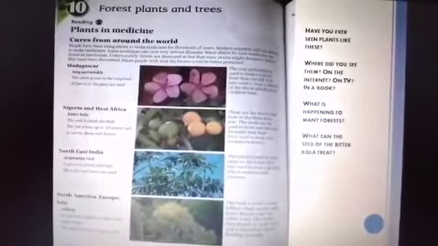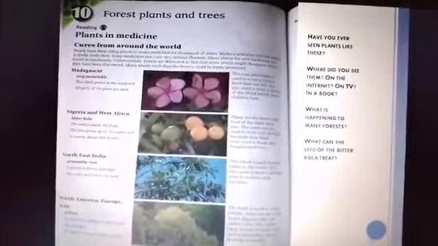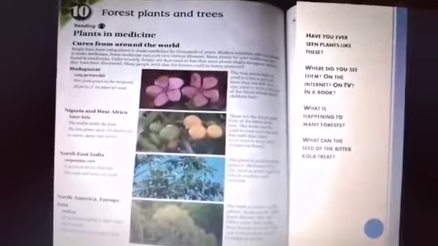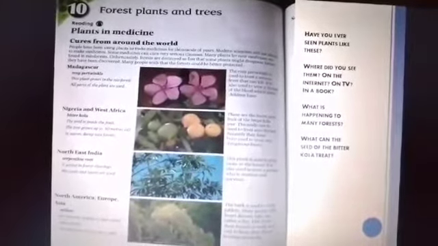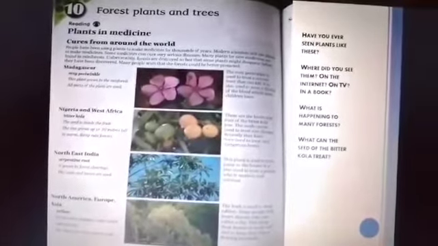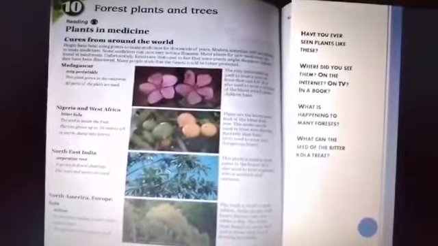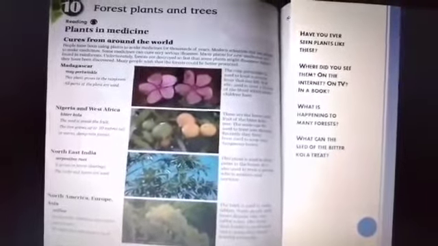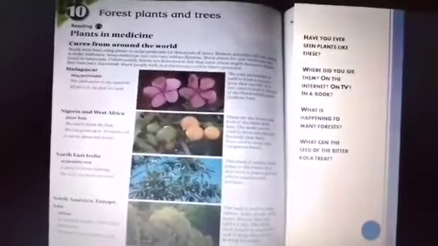Okay, another example is serpentine root. Yes, it grows in northeast India in forest clearings, and it's used to treat pains in the bones. Very good.